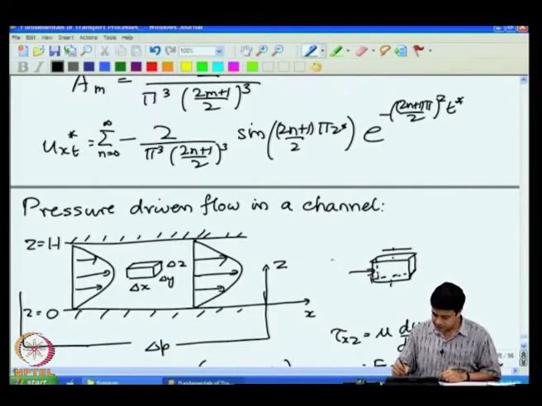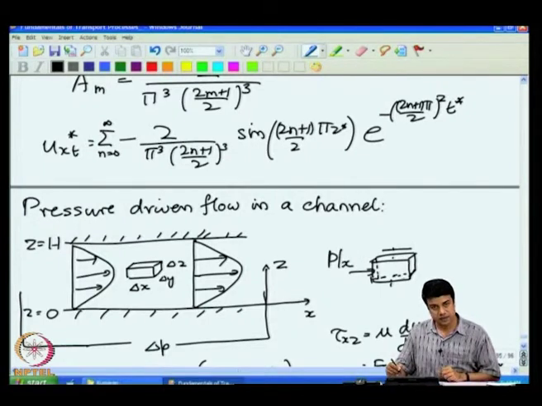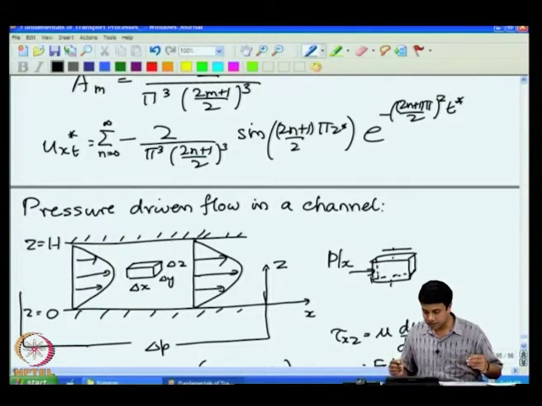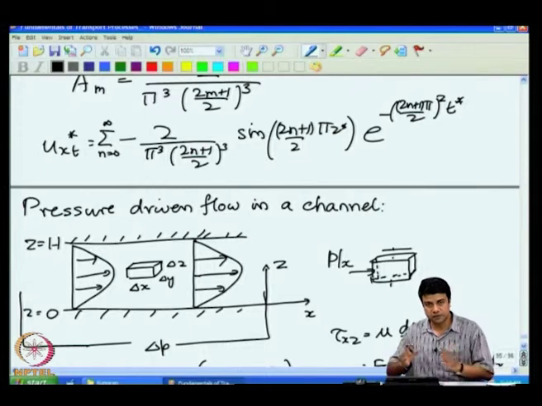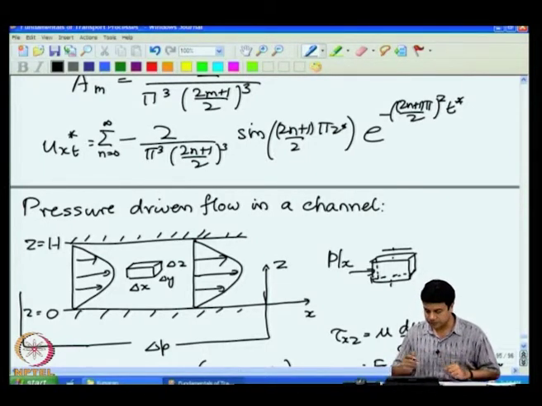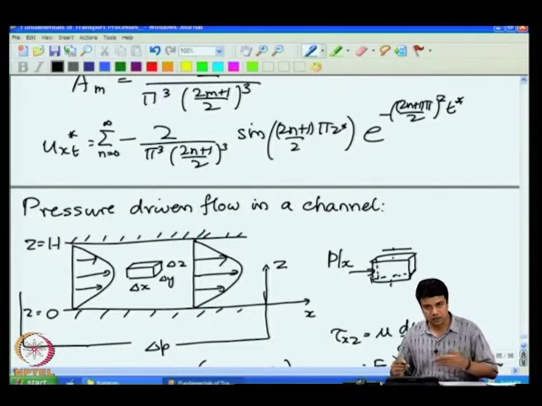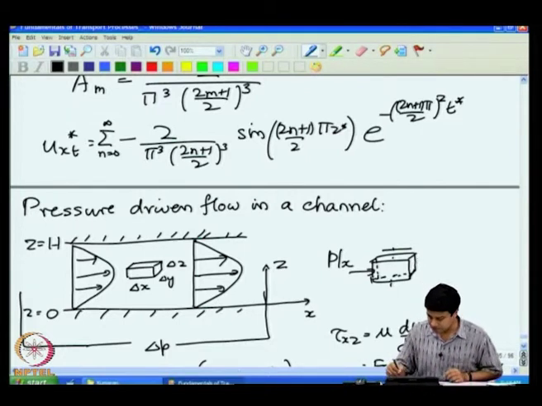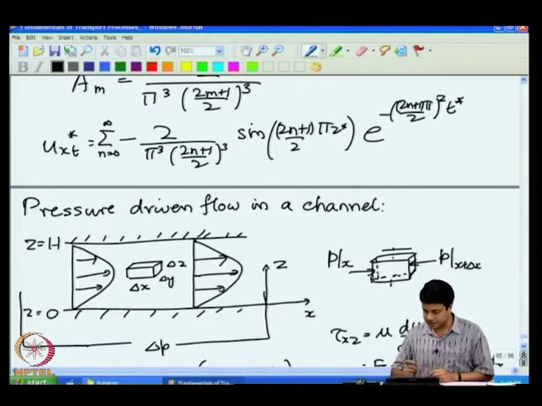There is a pressure acting at the surface at x, that is acting in the plus x direction. Pressure always acts inward to the differential volume that I am considering. It is a compressive force, it acts inward. So, the pressure acting inward at x is in the plus x direction, and there is a pressure acting inward at x plus delta x, which is acting in the minus x direction.